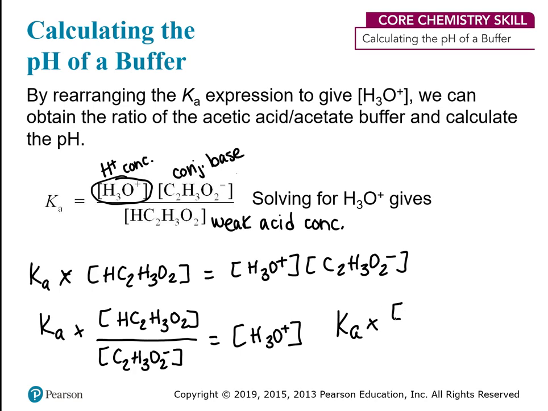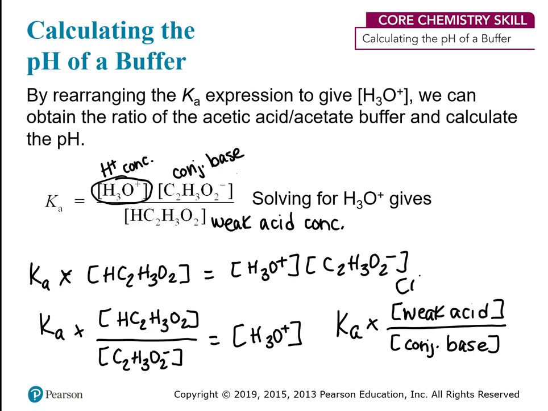So the generic formula for this, so you don't have to go through and solve every time, is the Ka of your acid, which changes depending on what the acid is. You're going to multiply that by a fraction where you have the concentration of your weak acid on the top and your conjugate base concentration on the bottom.